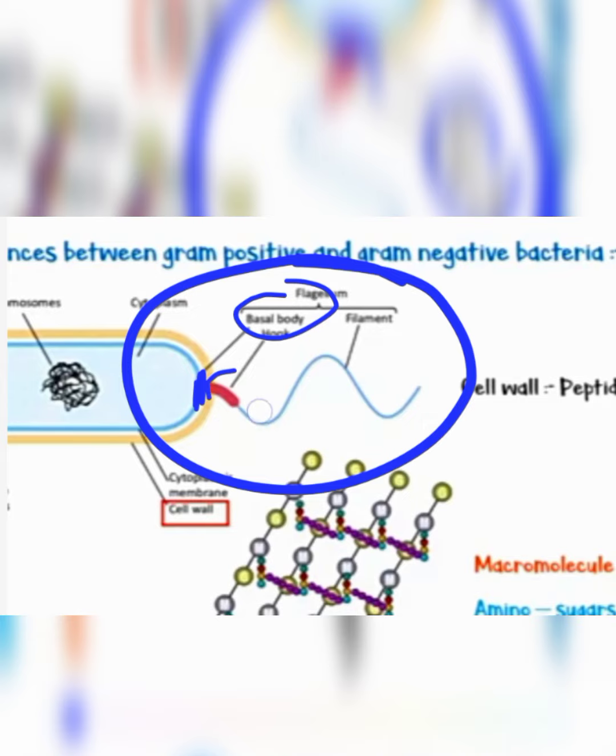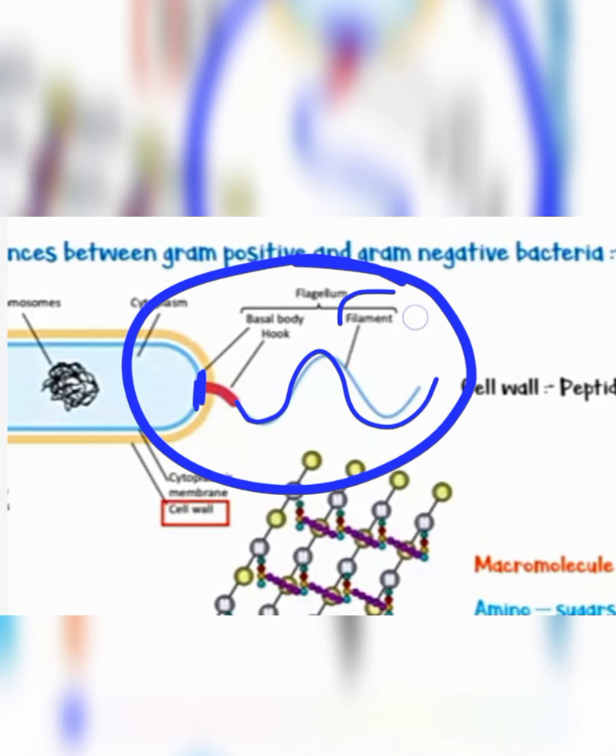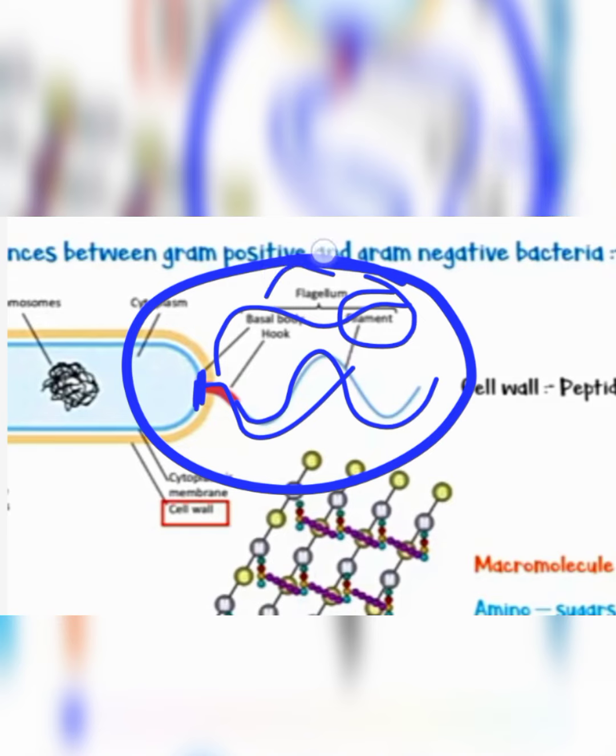This red part is known as the hook, and this blue structure is known as the filament. All together, this entire structure coming out like a protrusion from the bacterium's body is known as the flagellum.